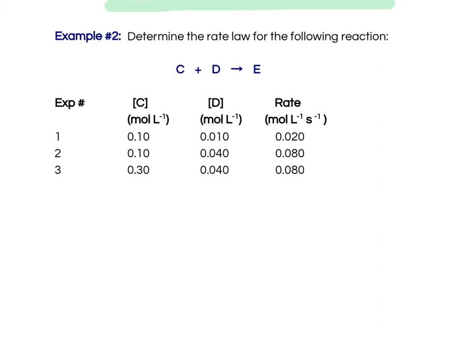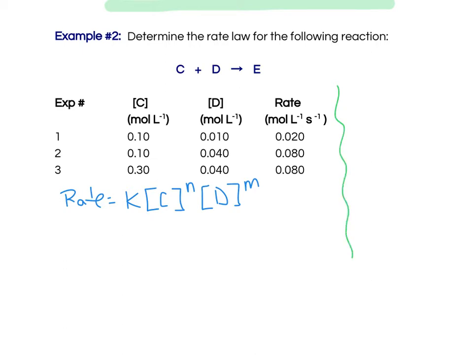So I know that my rate law is that my rate is equal to K times the concentration of C to some exponent N times the concentration of D to some exponent M. And so our job is going to be to figure out what those exponents are. So I'm just going to leave some space here for some thinking.